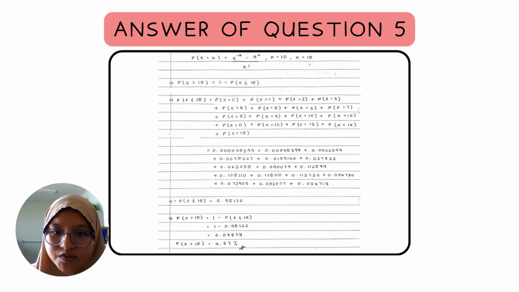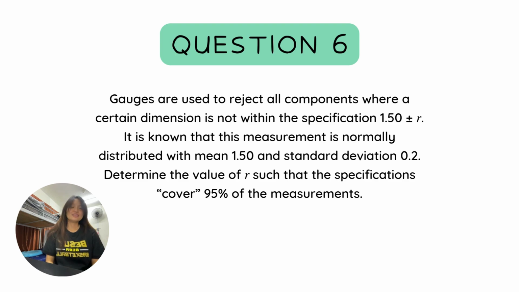So using the Poisson distribution formula, we calculate the probability of at most 15 oil tankers, and we get 0.65126. So we subtract it from 1, which gives the probability of more than 15. 1 minus 0.65126, and we get the percentage of oil tankers turned away, which is 4.87%.